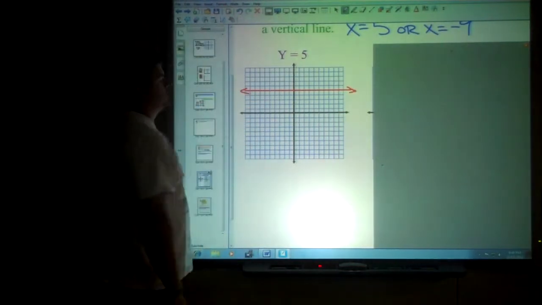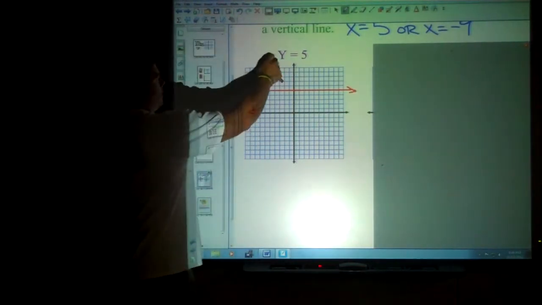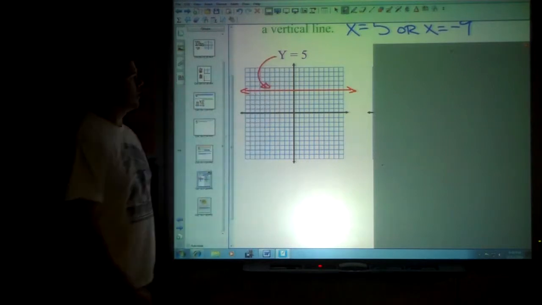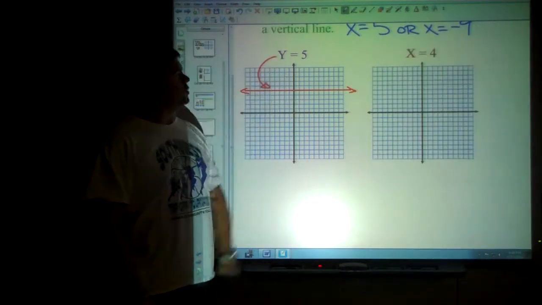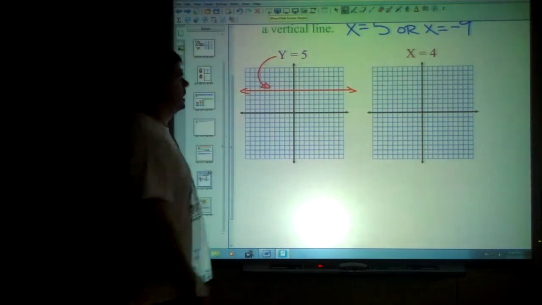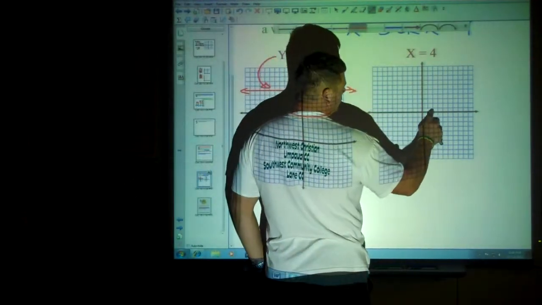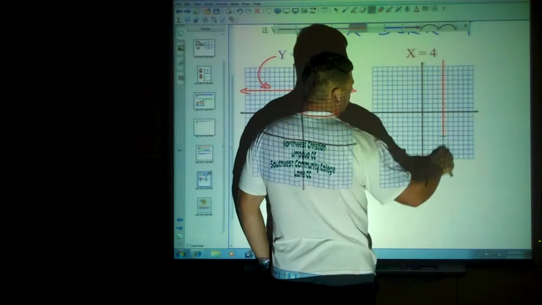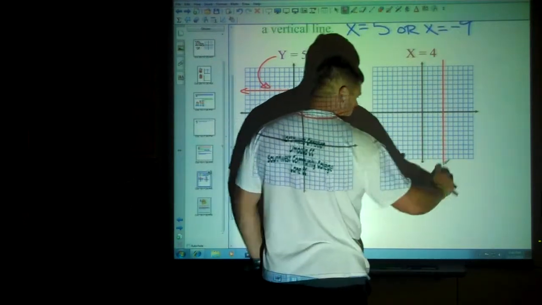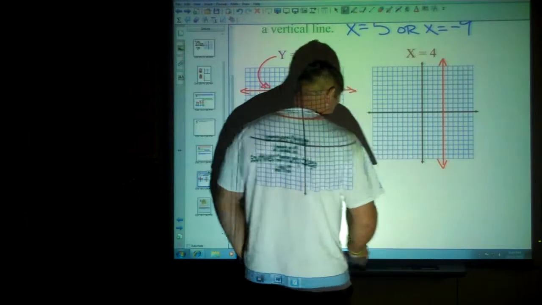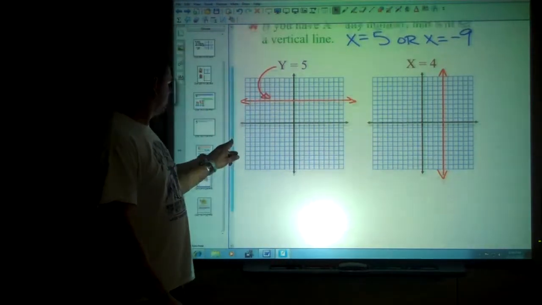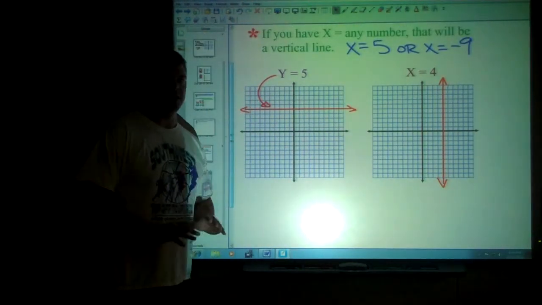That's this right there. And if you see just x, then you know you're going to have a vertical line at 4. 1, 2, 3, 4. So there's my vertical line at 4. Those are special circumstances, a little different than the other.